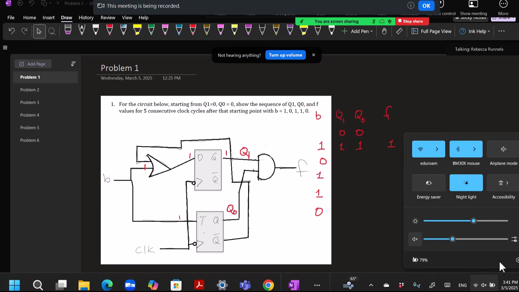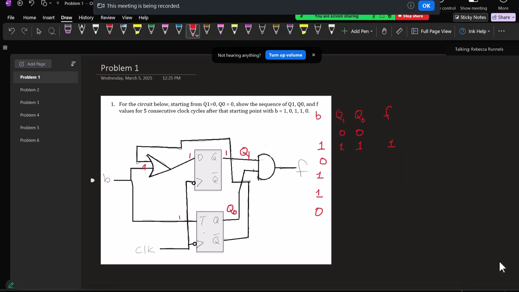Now B is turning to 0. And so it's important to know what the other input is to our OR gate. And so to figure that out, we have to look at the value of Q0 from the time before. So the clock cycle before, Q0 was 1, which meant the not of Q0 was 0, and that was the other input to this OR gate.